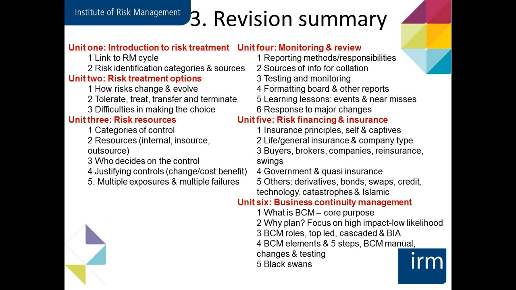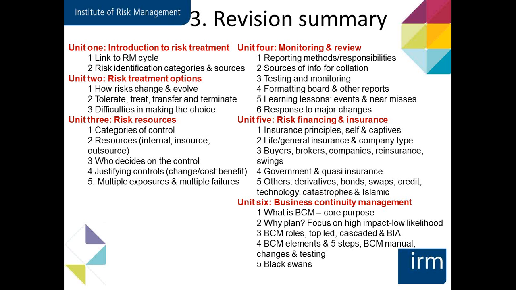Subsidiary Unit 3 looks at the structure of insurance, so what the buyers do, what the brokers do, what the insurance providers, the insurers themselves do, the idea of reinsurance and the swings in the market between a soft market when premiums drop and a hard market when premiums go up. And Thwaites, again, in Chapter 5, talks about the various types of insurance company that exist in the market.